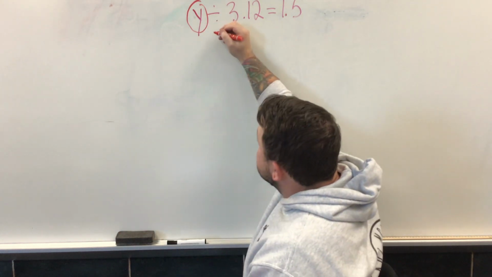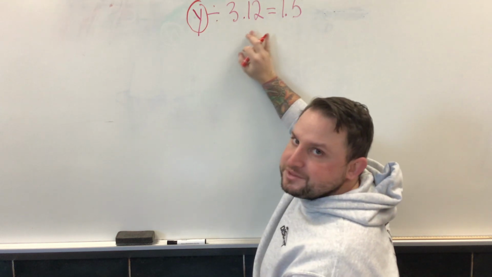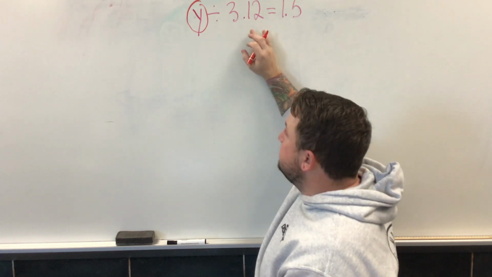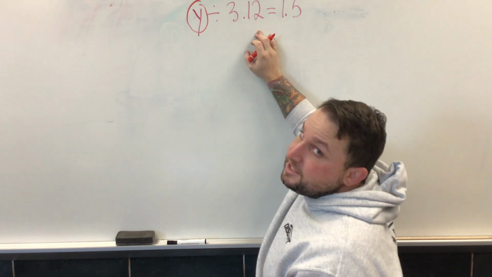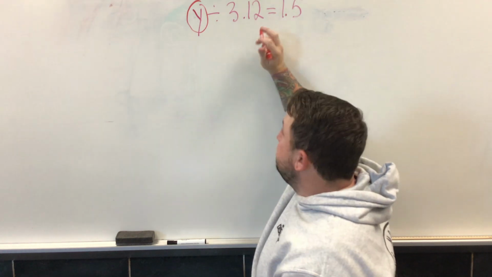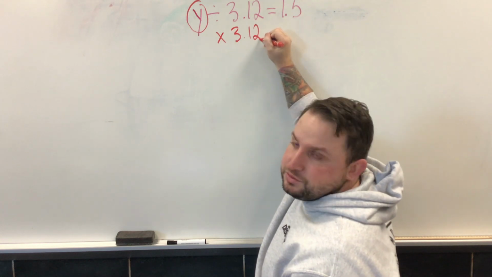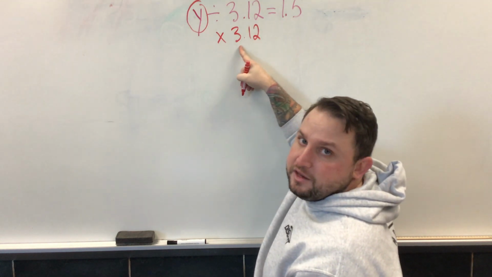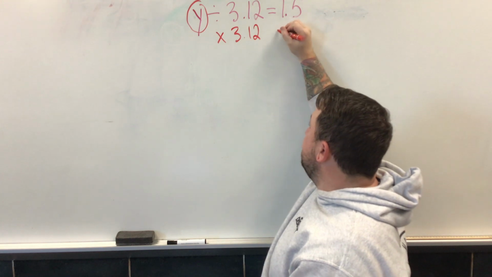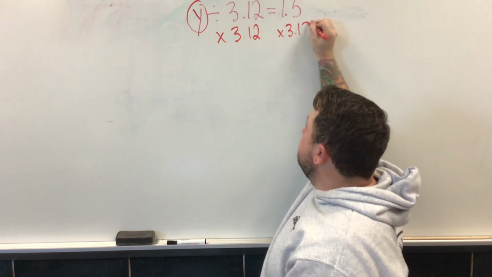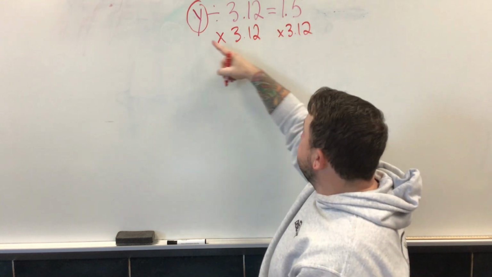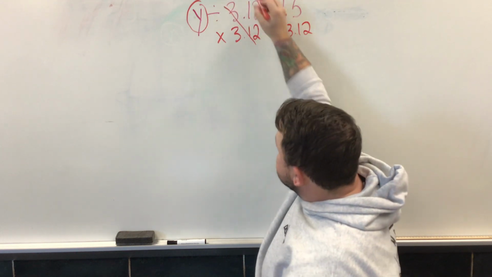In this case, to do so, you do the opposite operation, the inverse operation of this. Since this is division, the opposite is multiplication. You're going to multiply both those by 3.12. Whatever you do to one side of the equation, you must do to the other side of the equation to make it an equivalent equation, okay? Cancel culture cancels those out.